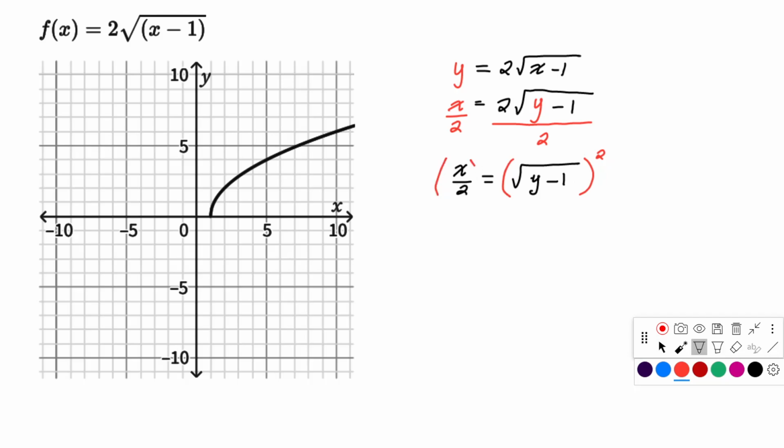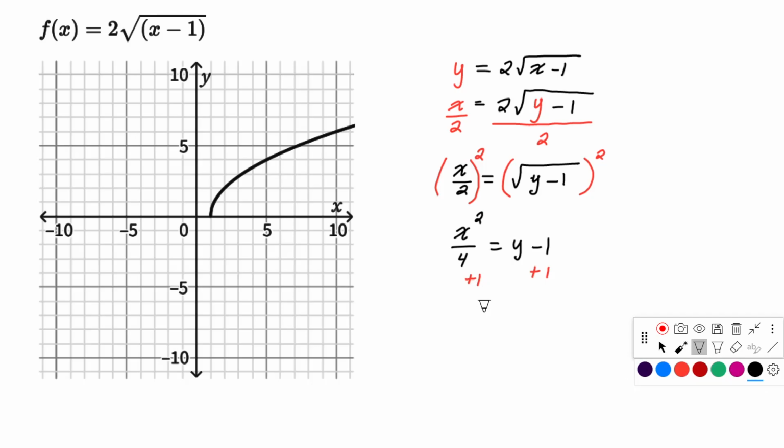And when you square a fraction, you square the numerator and you square the denominator. So that's how I'm going to get x squared over 4 equals y minus 1, and the inverse of subtracting 1 is to add 1.